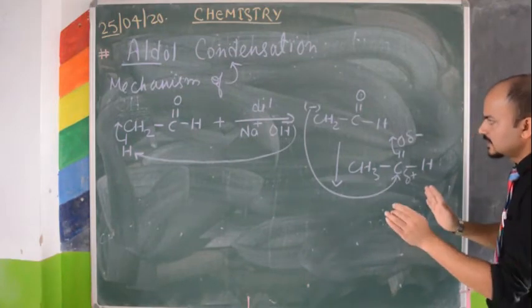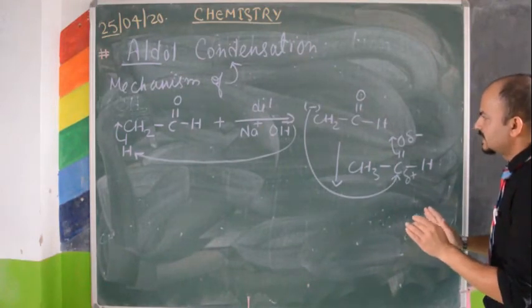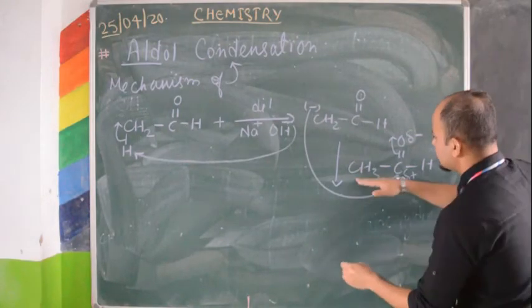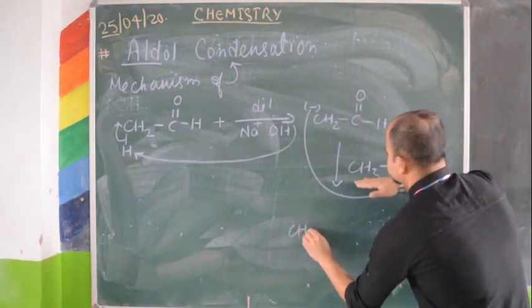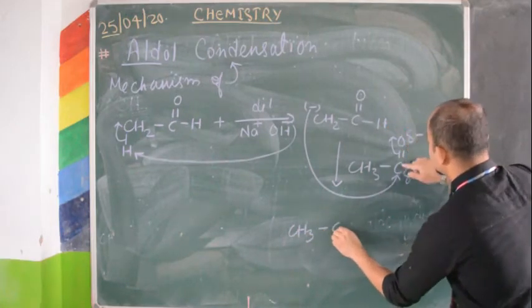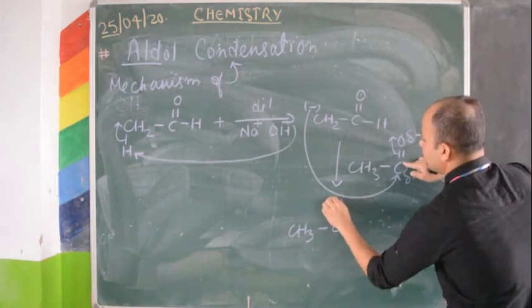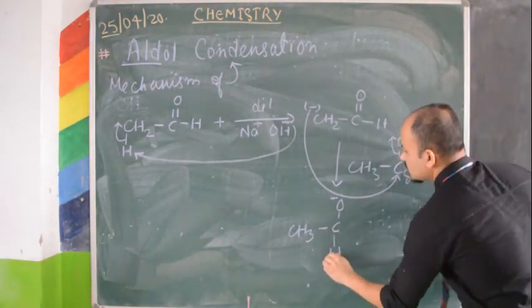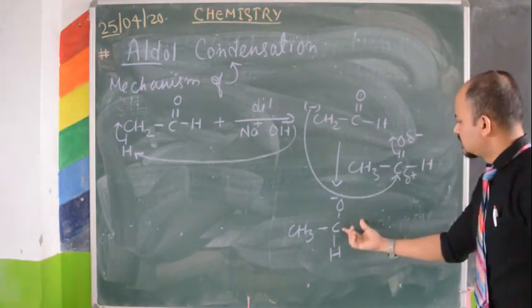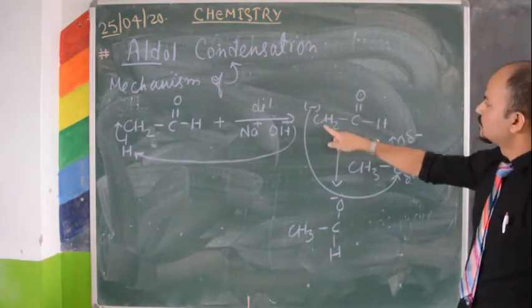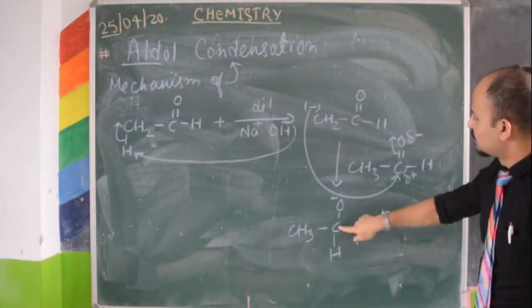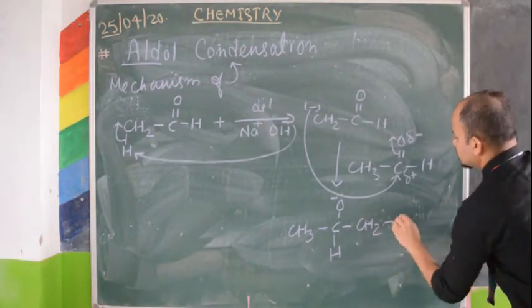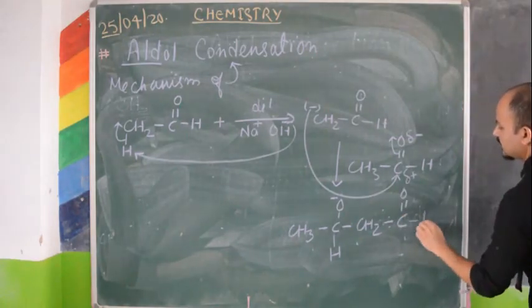While writing the product in one condensed form, you have to see the bond order. So I have started from here. CH3 CHO minus, this H I am writing down here so that I can have this carbon chain in a split chain. Now this carbon is bonded with this carbon. So CH2 C double bond O, H.